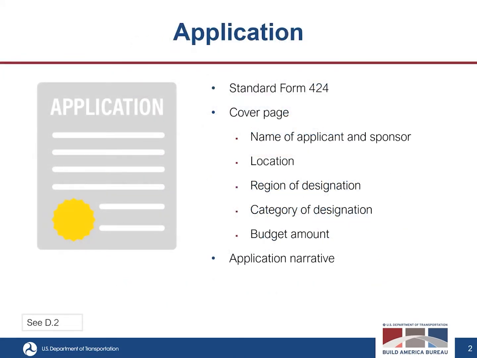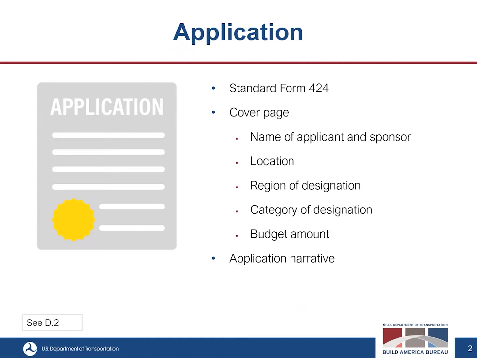Now that you're interested in submitting an application, the applicant may follow the application form as outlined in the next few slides. Please remember the application and related supporting documents must be submitted through the grants.gov website. The application must include the standard Form 424, which is the application for federal assistance, and must also include a cover page and the application narrative.